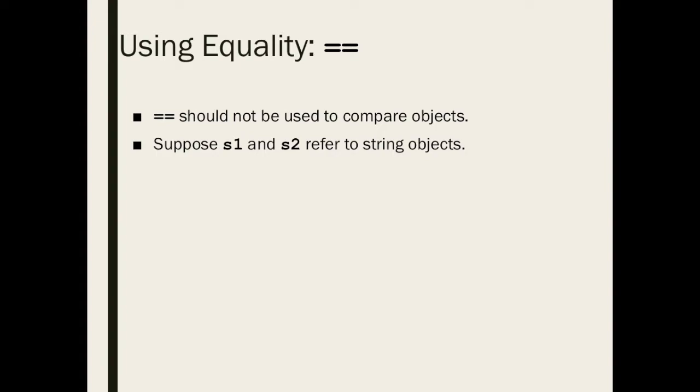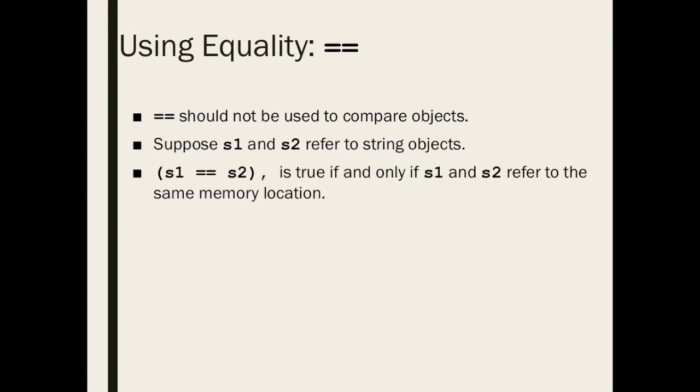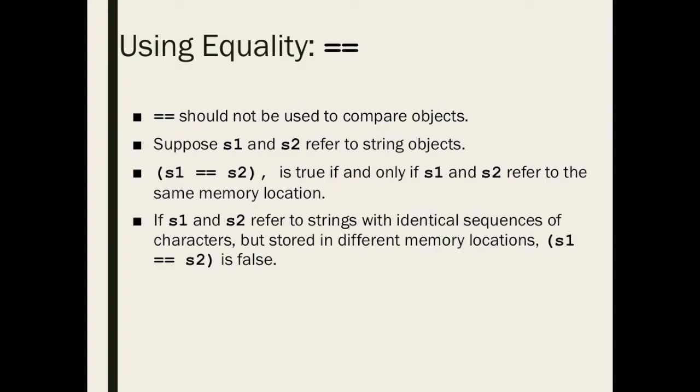And what our comparison operator equals equals checks is if what's actually stored in those variables S1 and S2 match, meaning that if I said something like S1 equals equals S2, it's going to return true if and only if S1 and S2 hold the same memory addresses in these variables. So even if S1 and S2 are string variables that have identical strings inside, if those strings are stored in different memory locations, then that's going to return false.